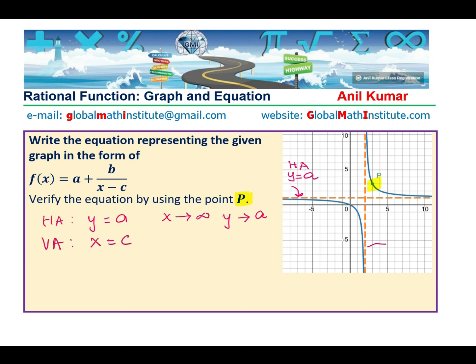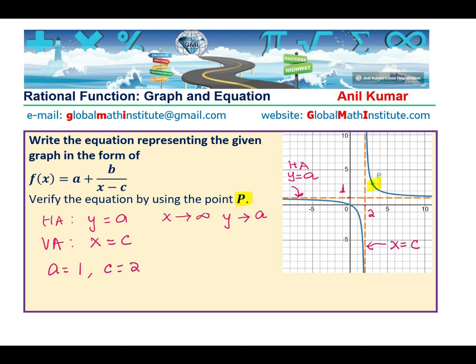So this orange dotted line represents x equals c, which is a vertical asymptote. So clearly from any graph, you can see the values. If this is 1, for example, and this is 2, you know the value of a is 1, and c is 2, correct?